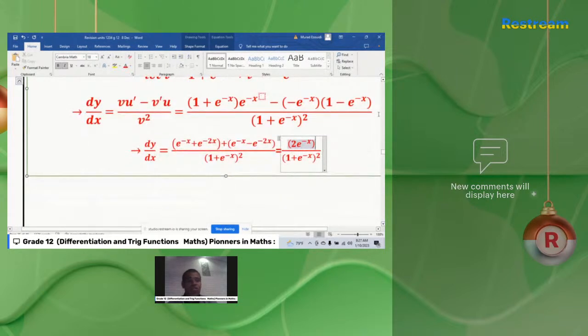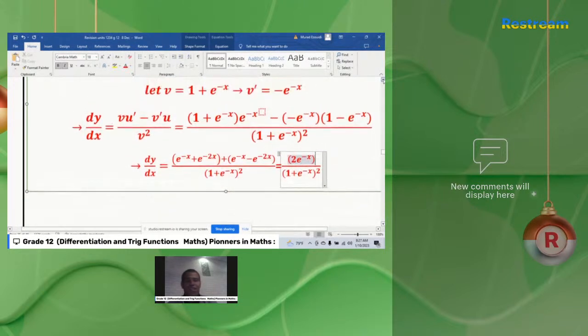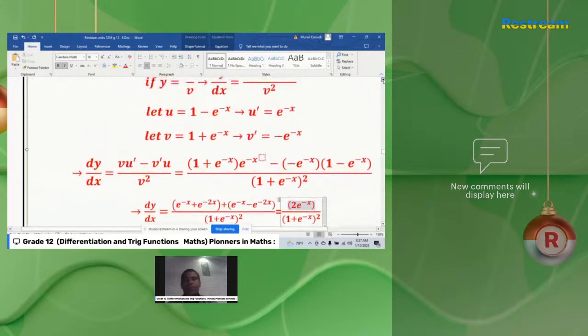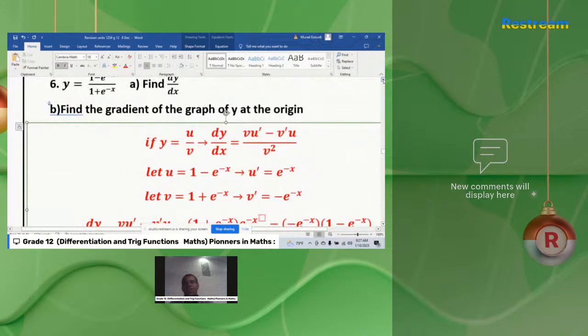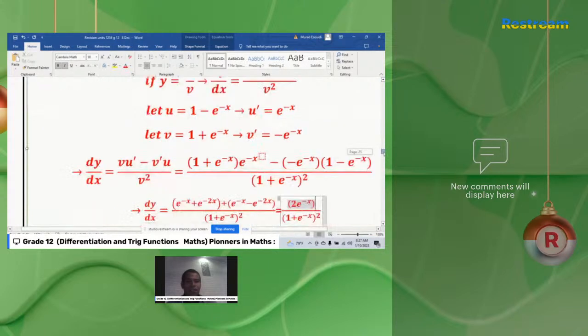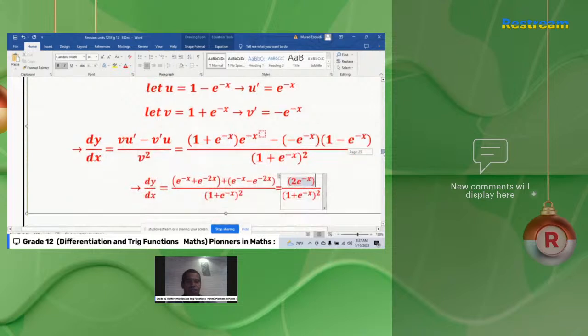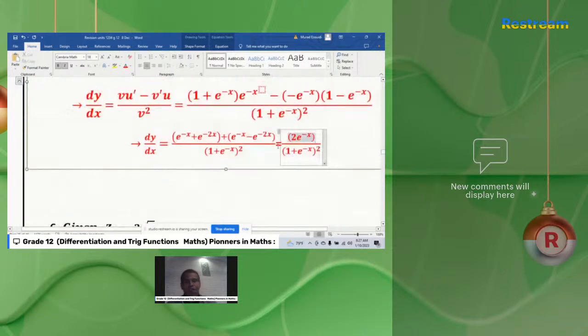The second question told you to find what exactly? This is A. B, find the gradient of the graph of y at the origin, meaning at y equals 0 and x equals 0. Just you will replace the value of x in the first derivative of the function with x equals 0.